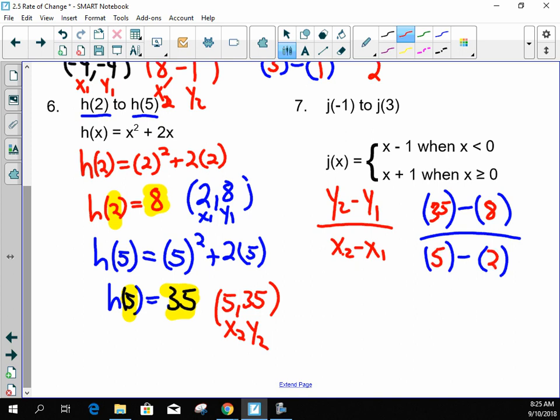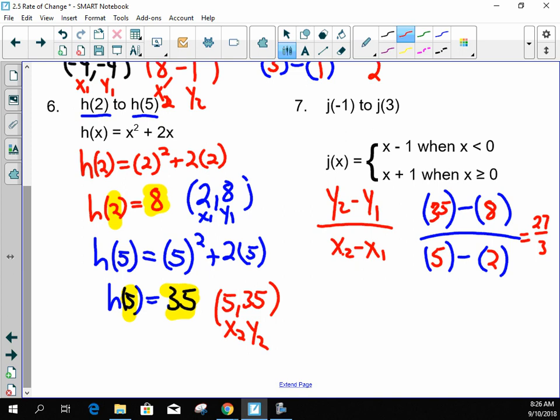And now I use my calculator. Put that into your calculator. So this equals 27 over 3. Does that equal 27 over 3? Please put it in your calculator. Yes, thank you.